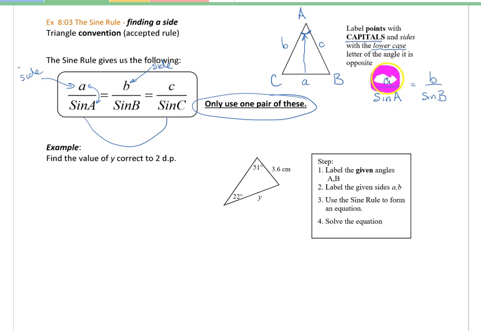What do we know a is? We'd be finding a side. Great. We can use the sine rule to find a side. Or, if on the other hand, we knew the angle A, we knew b, but we didn't know this angle, this was the unknown, then again, we could use that rule to find that angle.